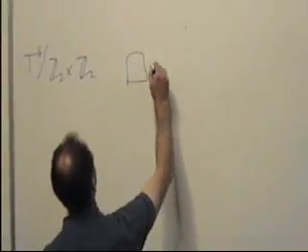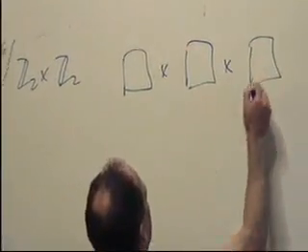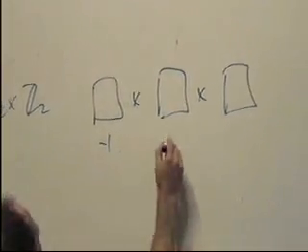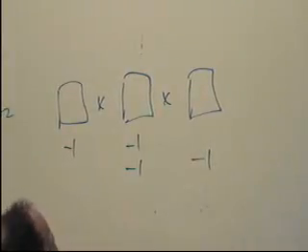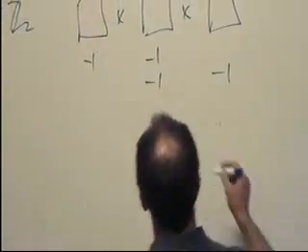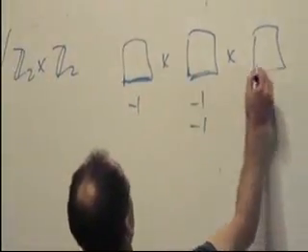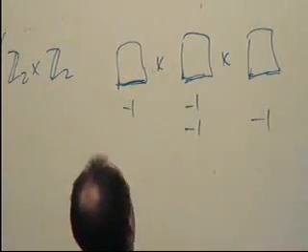So you can ask, here's T6 mod Z2 cross Z2. It's basically just like the case we just talked about, except now you have 3 tori. And the Z2s are -1, -1, and -1, -1. And of course, if you take the product, you get -1 here and -1 here. So you have now 4 orientifold planes. You've got an orientifold plane here, and then here, vertical, vertical.